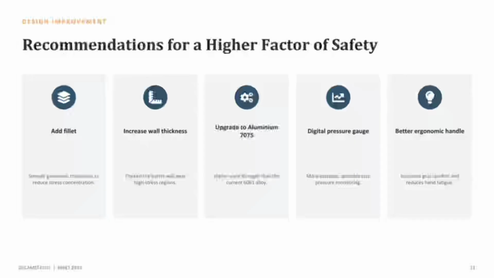Third, upgrading the barrel material from aluminum alloy 6061 to the higher strength 7075 alloy. Fourth, incorporating a digital pressure gauge for more accurate tire pressure monitoring. And fifth, improving the ergonomic design of the T-handle to enhance grip comfort and reduce user fatigue.